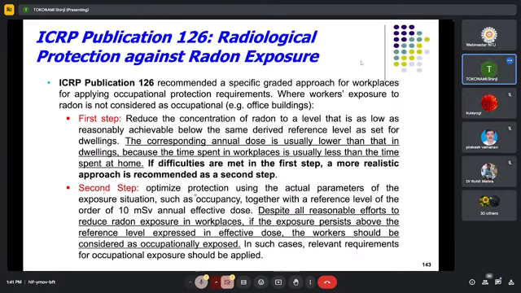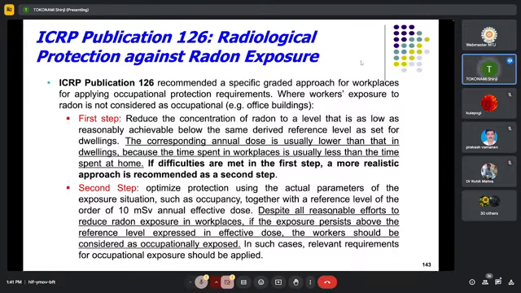Second step: optimize protection using the actual parameters of the exposure situation, such as occupancy, together with a reference level of the order of 10 millisievert annual effective dose.